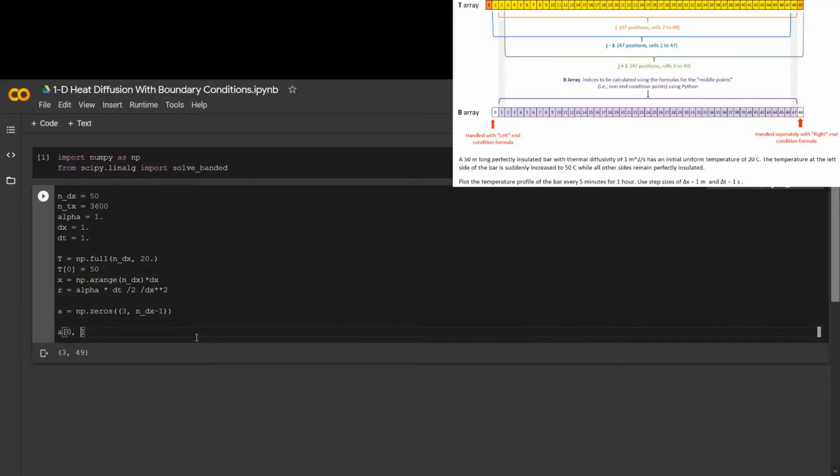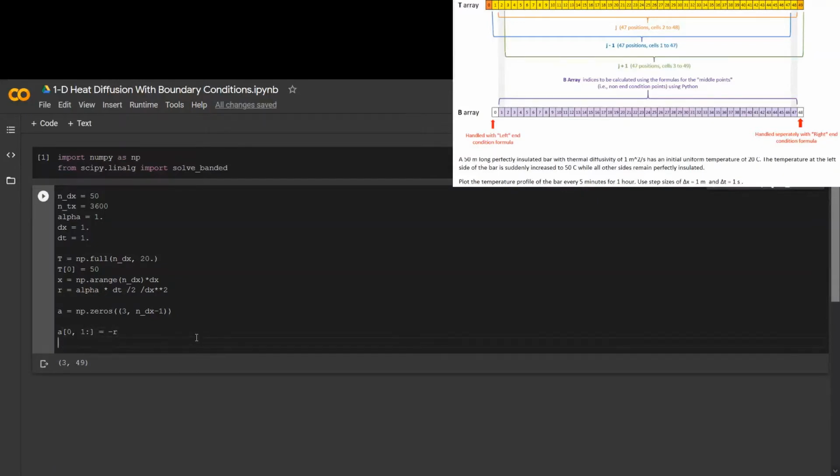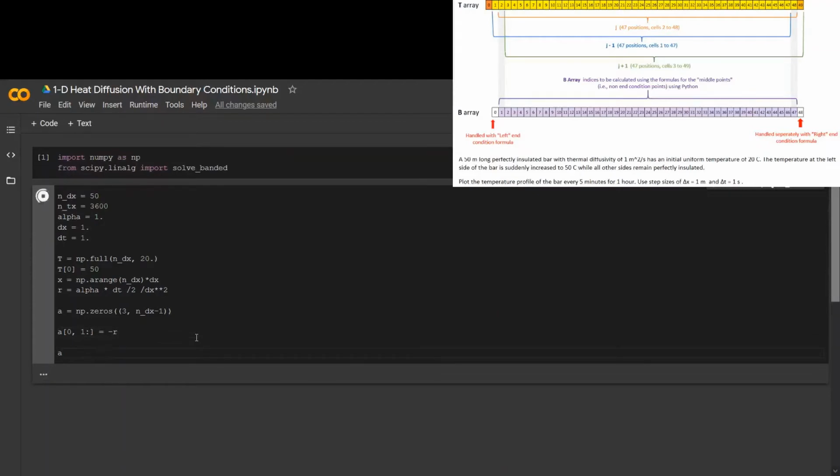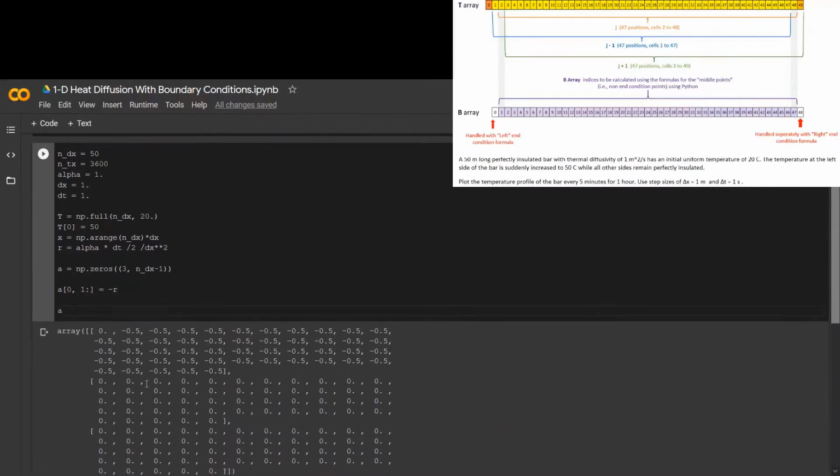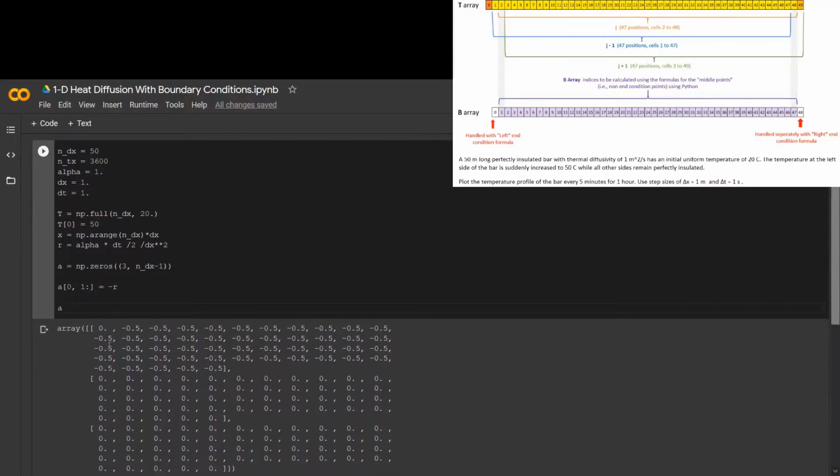The way our matrices worked out, we only had a 1 plus 2r and then a negative r. There was no negative r beforehand. Okay, so then that would be 1, and everything else will be equal to negative r. Let's print A. Right, okay, that looks good.